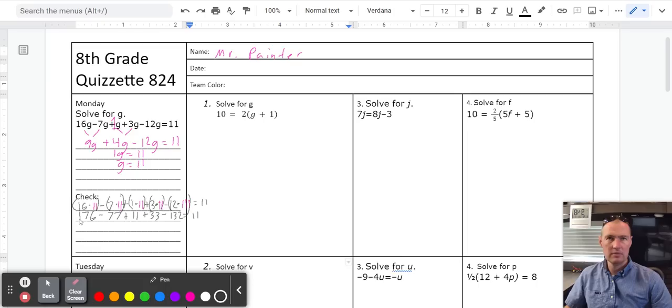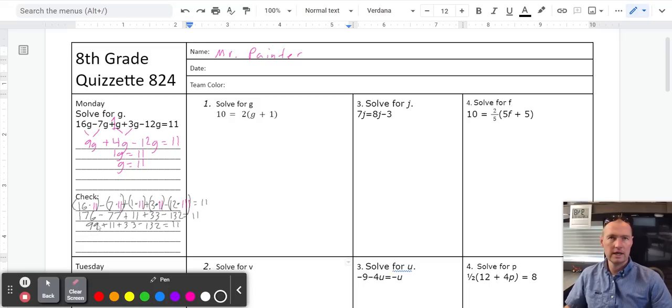All right, next step, we got 176 minus 77. And that's going to take us to 99, and bring everything else down. Plus 11 plus 33 minus 132 equals 11.